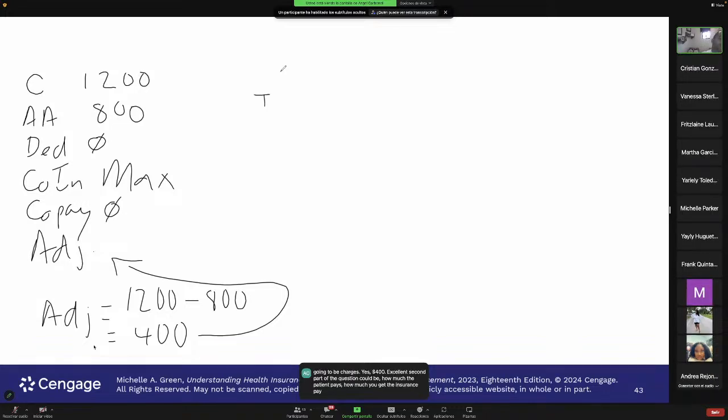So let's do the insurance first. Insurance is going to pay allowed amount minus deductible times percentage. This percentage is max, so it's 100%. So allowed amount is $800.